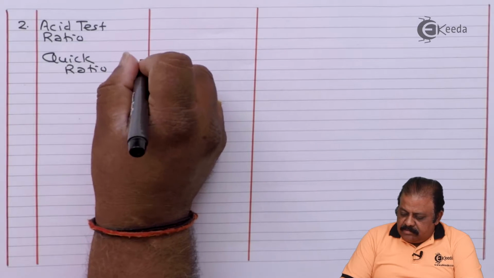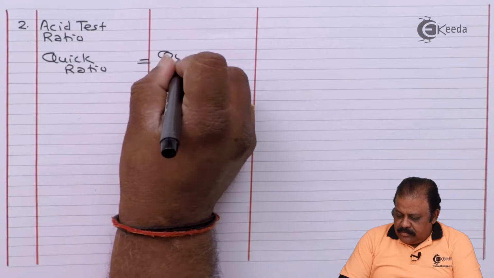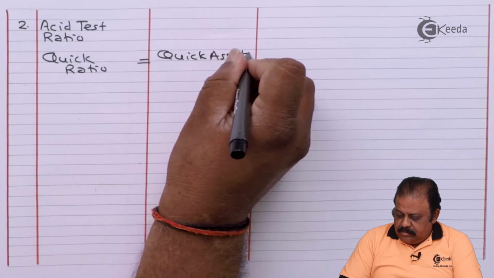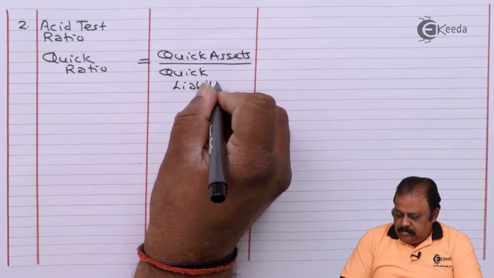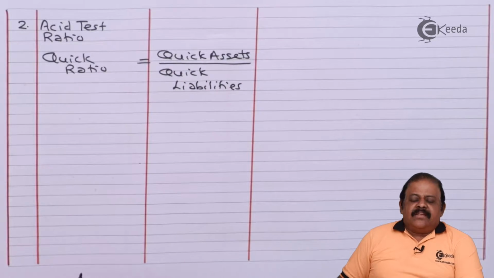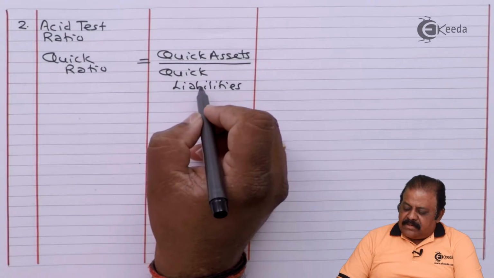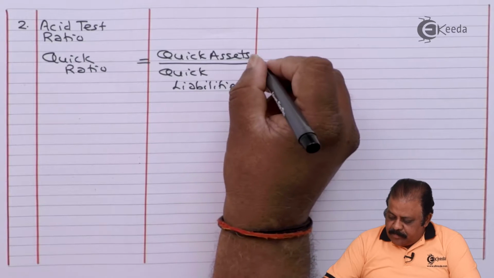Formula is quick assets upon quick liabilities. We have already calculated current assets and current liabilities. So based on that, we can calculate quick assets and quick liabilities.